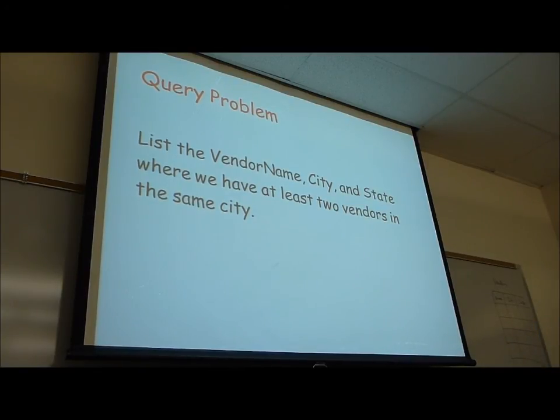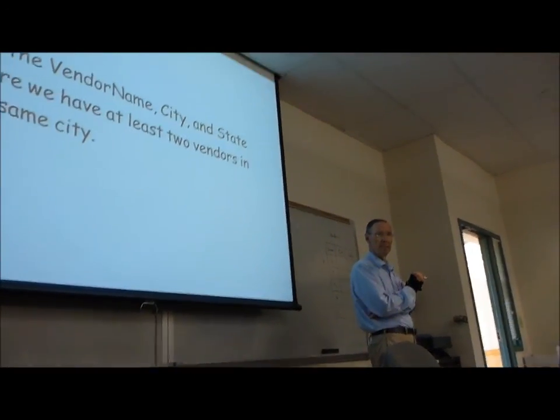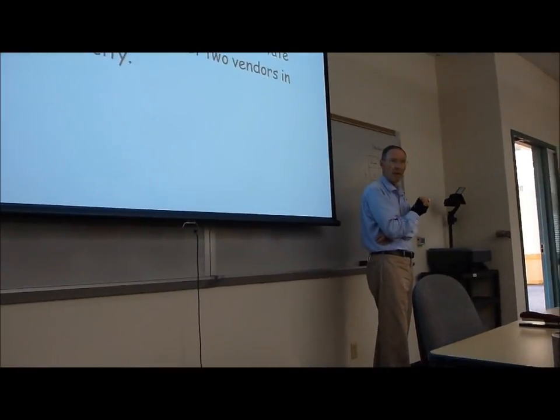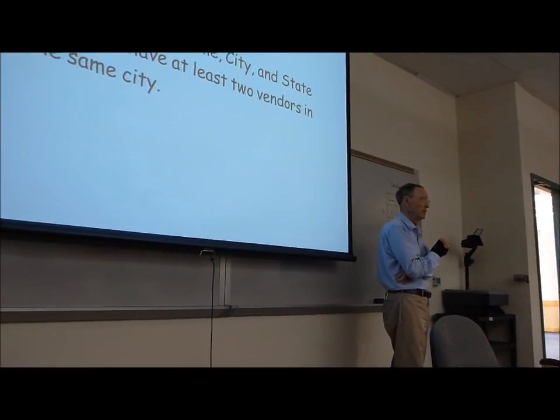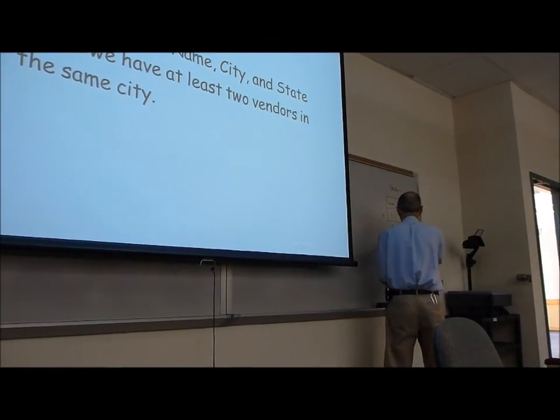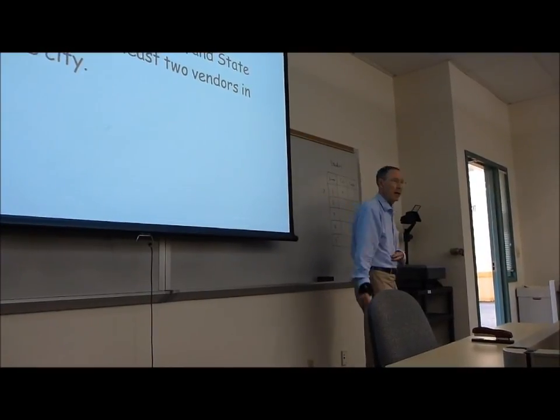I guess one thing we could do, and we got 1, 2, 3, 4, 5. I can start here. Okay, and I can go down record by record and see if there's another record in here that has the city that's the same as this one I'm looking at.